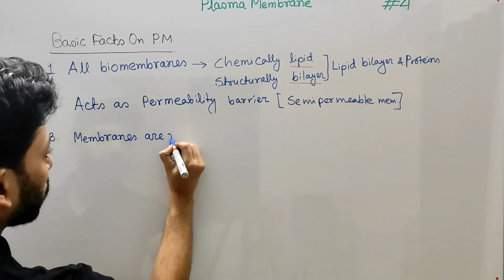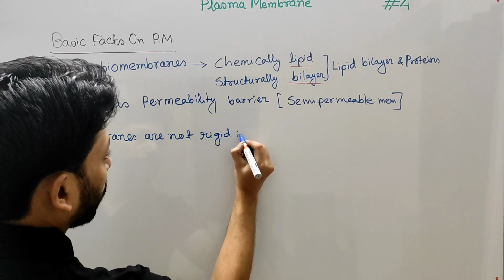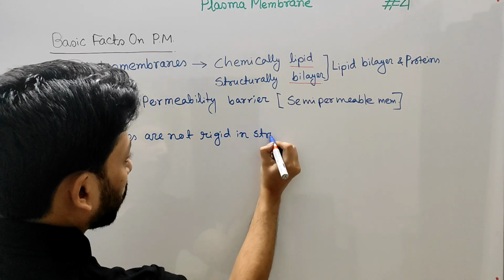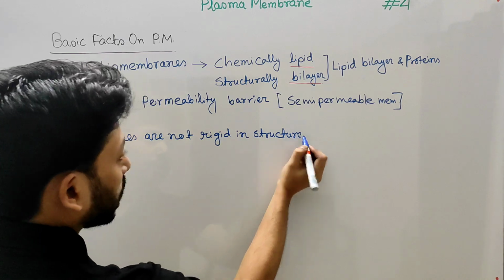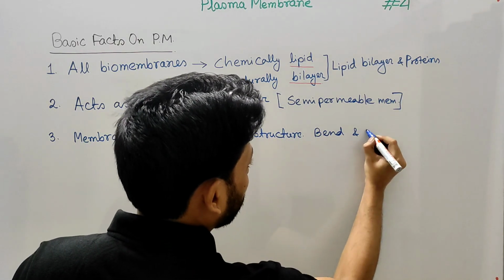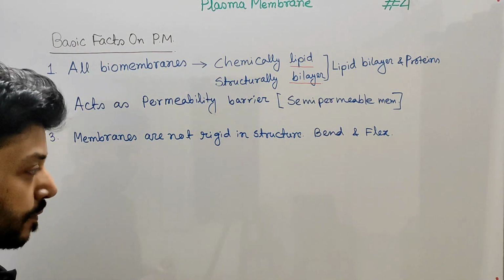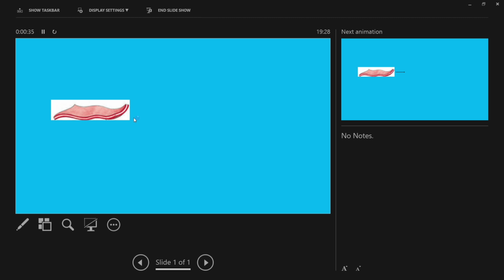Now the third important point about plasma membrane we have to remember is that membranes are not rigid in structure. They can bend and flex. So let me explain. If you take a sheet of bilayer in an aqueous solution, that means the bilayer is surrounded by water molecules, the free edges present in the bilayer interact with the water, and this is energetically unfavorable.